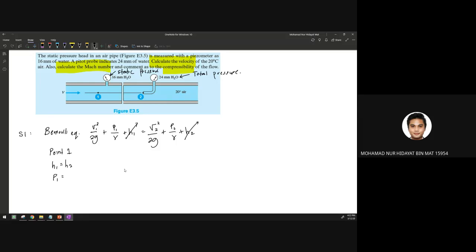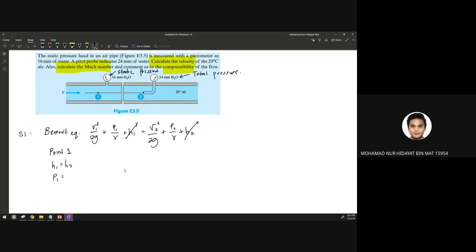So how do we calculate the pressure at 1? Anyone want to try? Do you have any idea how to calculate the pressure when 16 mm H2O is given?